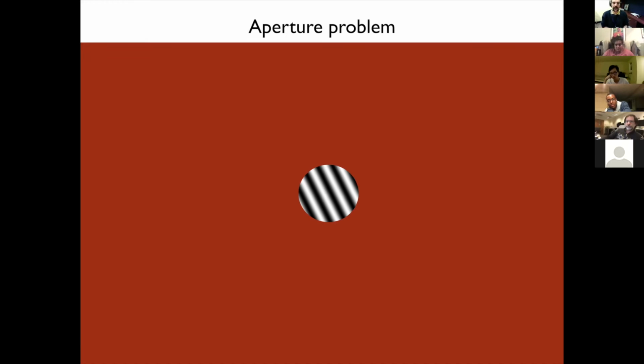So now one problem with motion processing in low-level vision in general is what is called the aperture problem. And it's particularly pronounced for V1 cells. V1 is sort of the biggest first filter of motion in the cortex. And each V1 cell is looking at the world through a small aperture.